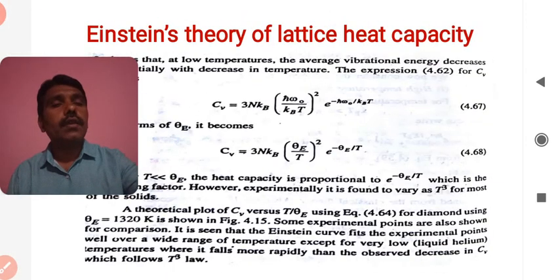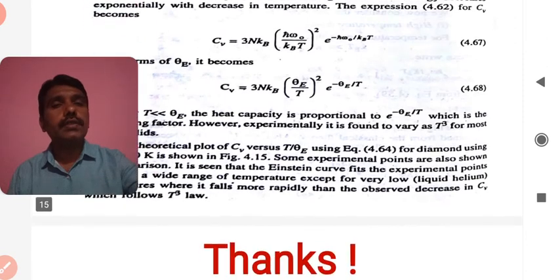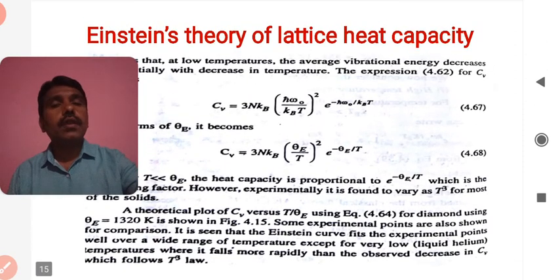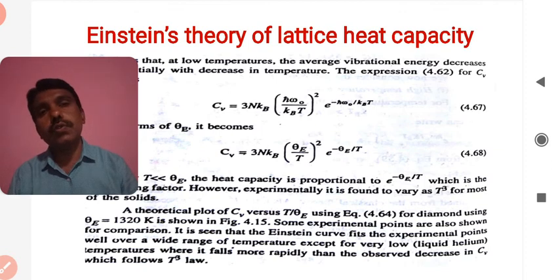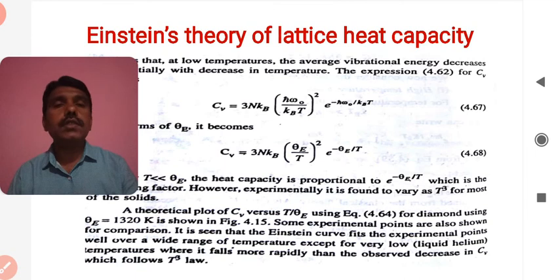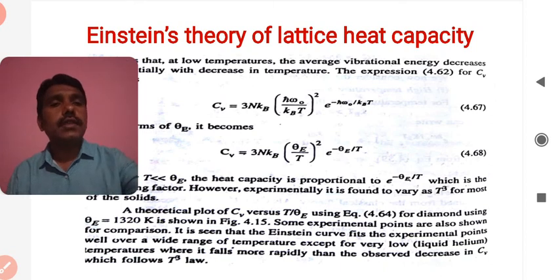The major output of the Einstein theory is that whether you give external temperature or not, there is energy, the zero point energy, which is half h cross omega 0. That means even if you do not give temperature, the vibrations in the crystal continue, and it has some vibrational energy of its own. Either you are giving some external temperature to the crystal or not, this is how the Einstein theory was.